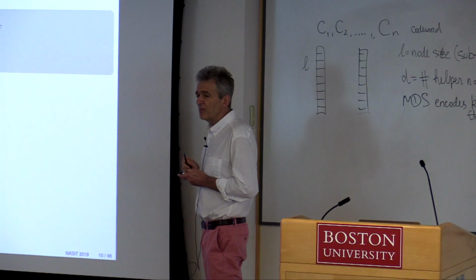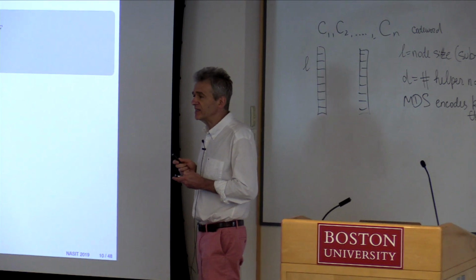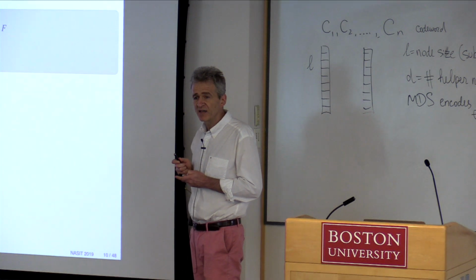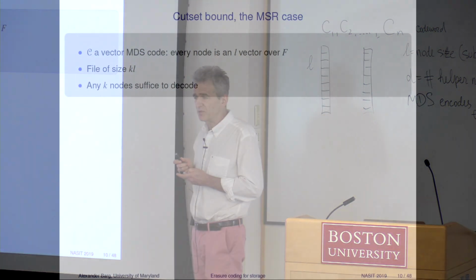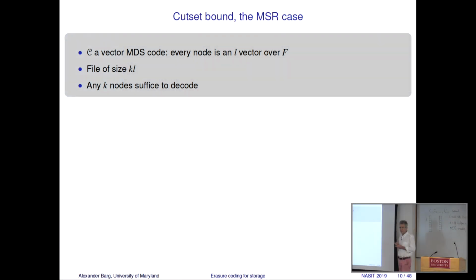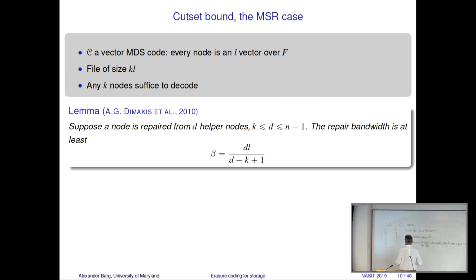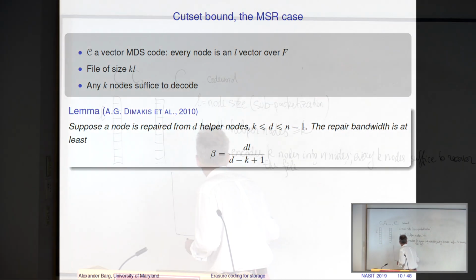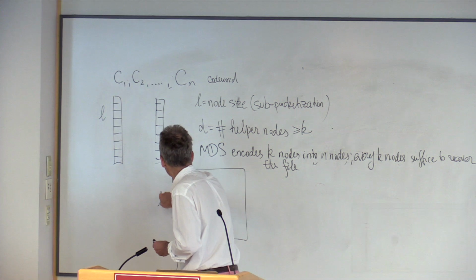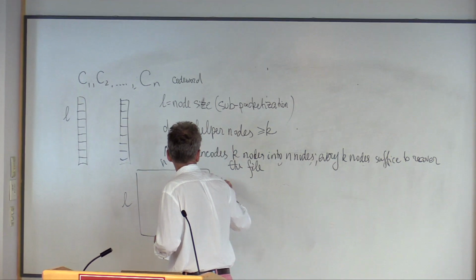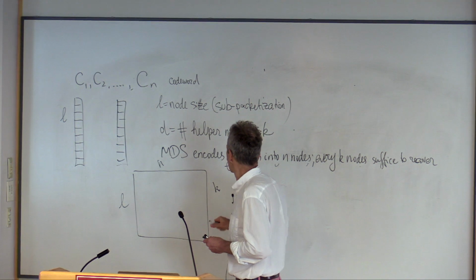Let us now prove directly a version of this cut set bound for the MDS case. This could in principle be the starting point of this presentation. What was said before is important for setting the problem and the history of the question, but this could be a starting point. The remark is as follows. There is a code of this form, (n, k, l).